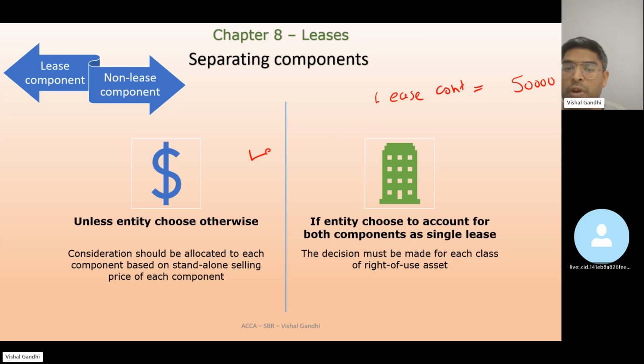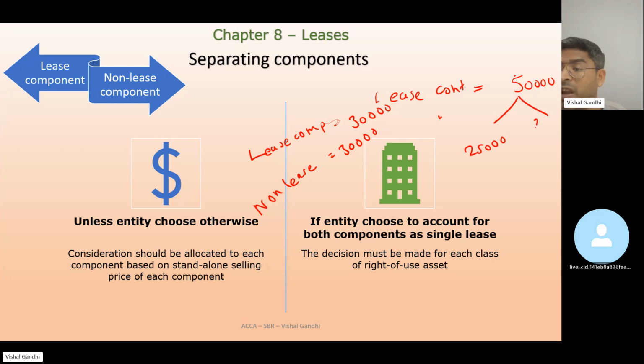Now the standalone selling price of the lease component, say 30,000. And for the non-lease component also 30,000. Then what will we do? We will divide this 50,000 as 25 as the lease component and 25 as the non-lease component.